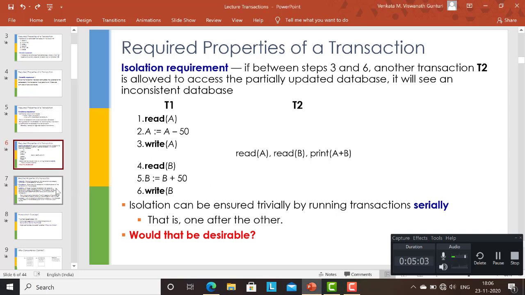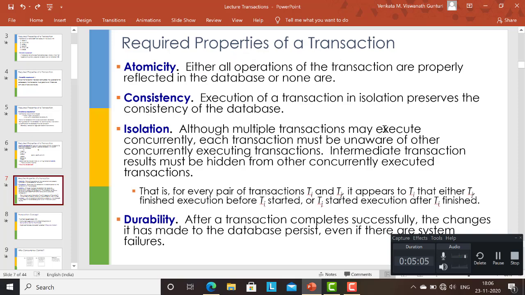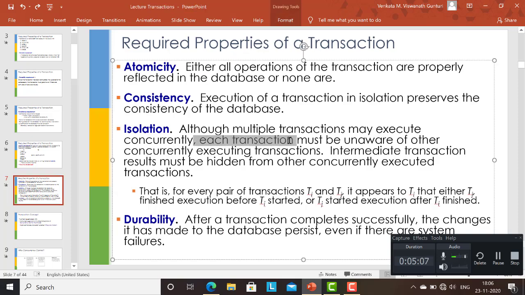Each transaction is unaware of any other transactions executing concurrently. Another way of saying it is that intermediate transaction results are always hidden from other concurrently executing transactions. I think this is the summary statement you should take for the isolation requirement of a transaction.